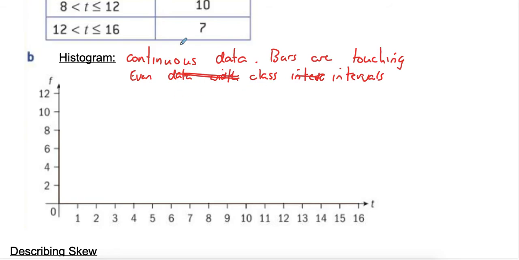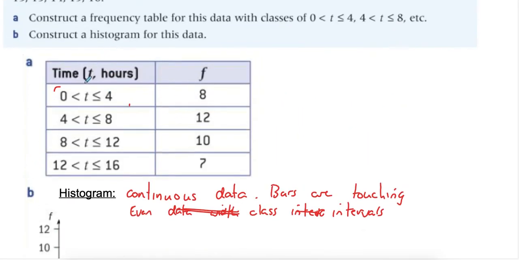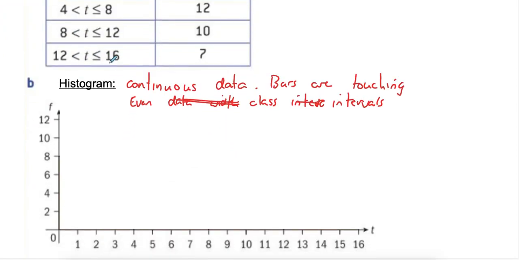What I mean by that is that all these intervals have a width of 4, 4 hours. Whereas at IGCSE you might have had something that looked like this.